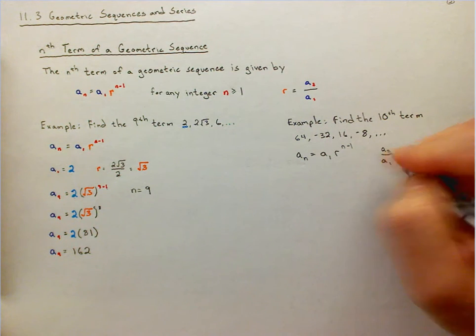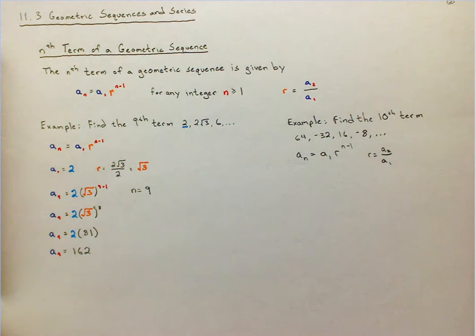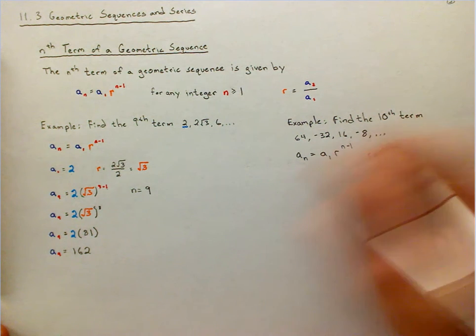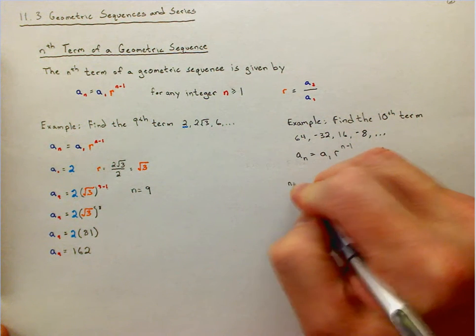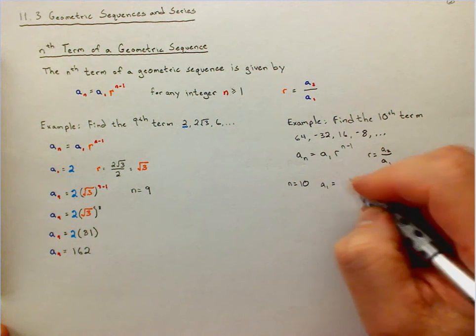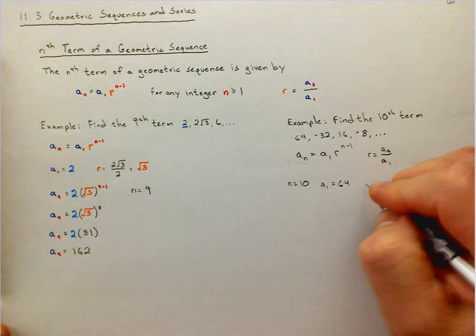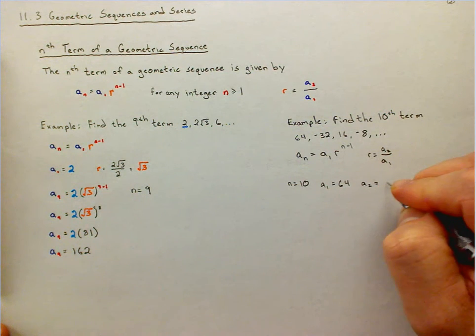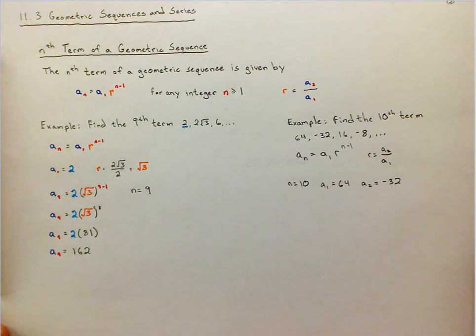That's what r equals. So let's identify what we have. I know that I'm finding the 10th term, so n equals 10, and I know a sub 1 equals 64, and a sub 2 equals a negative 32, and I have everything that I need.